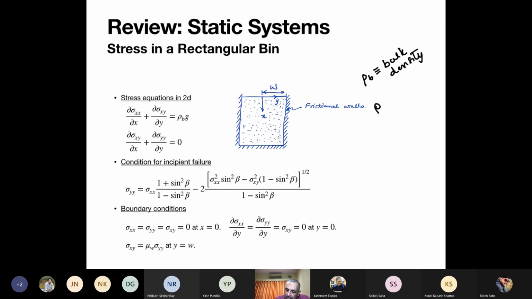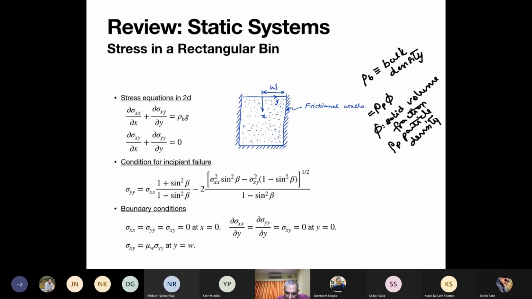What this means is actually it's the particle density multiplied by the solid volume fraction. So it's actually the total mass of solids divided by the total volume. That's why we write it there.